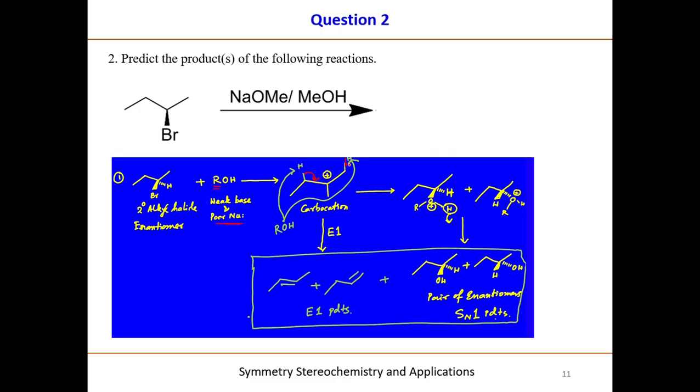This is hydrogen only. When it follows the SN1 mechanism, again we will get two products, one from front side attack and one from back side attack. So we will get a pair of enantiomers, and here we will get the E1 products. One is Zaitsev and the other one is Hofmann. The Zaitsev one will always be the major one, and this is the minor one.